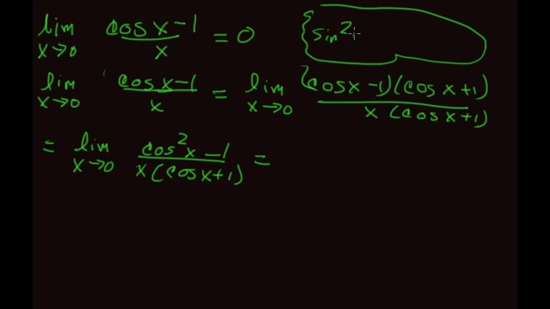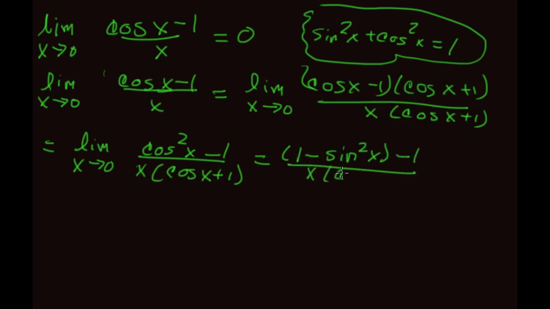Sine squared x plus cosine squared x has to equal 1. We know that identity. So cosine squared of x must equal 1 minus sine squared of x. Minus 1 over x times cosine x plus 1, those ones fall out. So I just get negative sine squared of x over x times cosine of x plus 1.